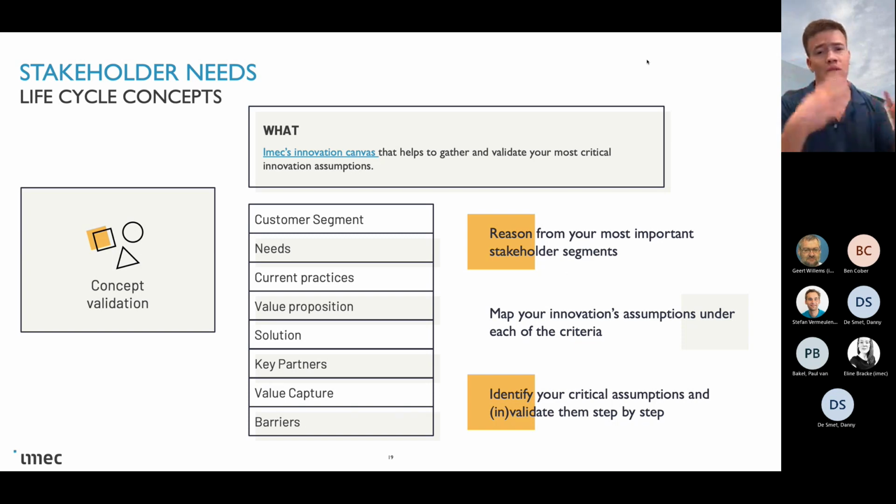So what we then do, of course, is create a hypothesis around that assumption and then make a design experiment. You can see it consists of 8 criteria, and like I said, it's basically an assumption-based philosophy to innovating, where we map these assumptions under each of the relevant criteria.